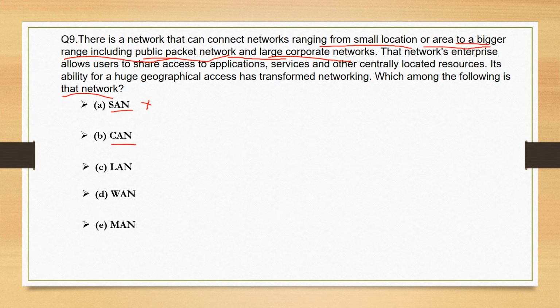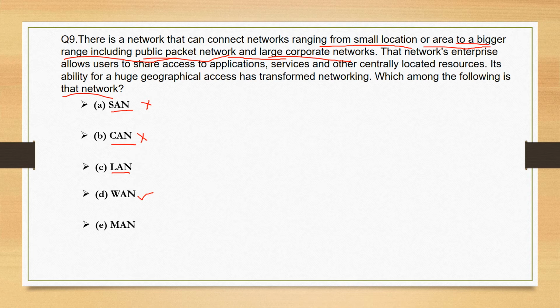So this is basically used at the processor level, microprocessor or controller level. This is also not going to be the correct answer. LAN is basically the local area network. It is for a small area, a building you can say, or a floor you can say. This we use. What is WAN?